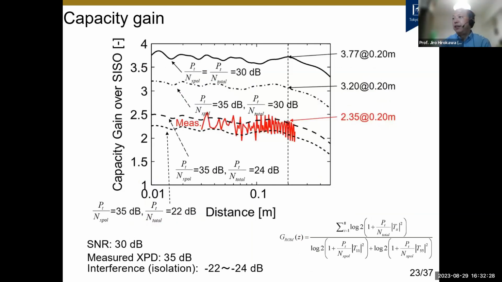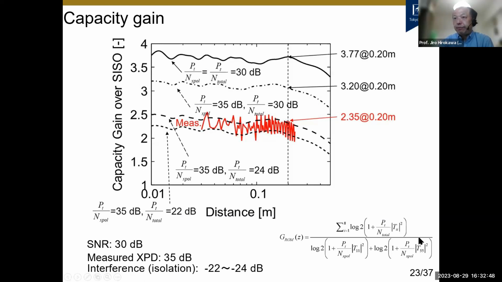And this figure shows the capacity gain performance. The definition of the capacity gain for the dual polarization case is given according to this equation.